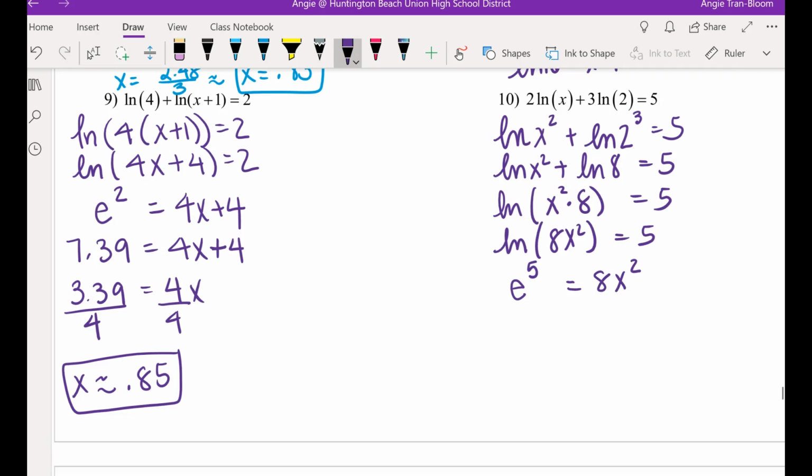Now when you're ready, Grace, e to the 5th is what in 2 decimal places? Okay, so 148.41, Grace, you said? Thank you. Someone confirm that for me? Equals 8x squared. Divide both sides by 8. So take that, divide by 8. What is that?